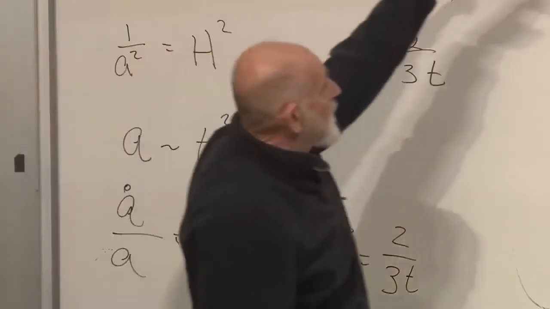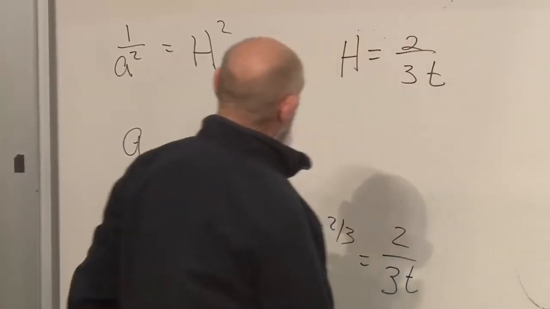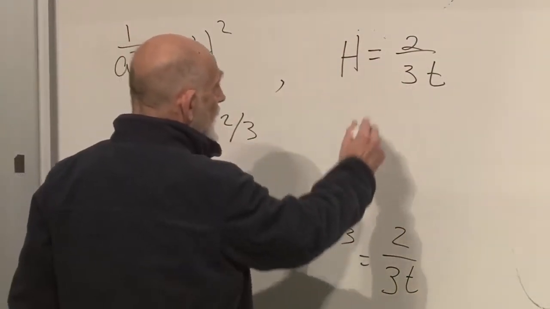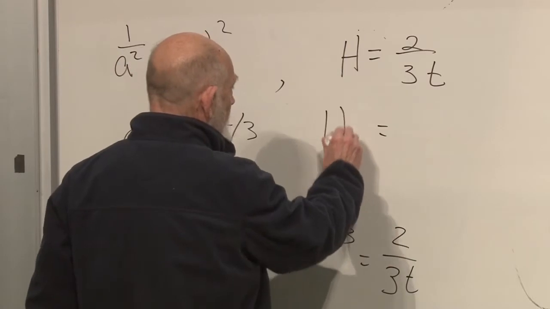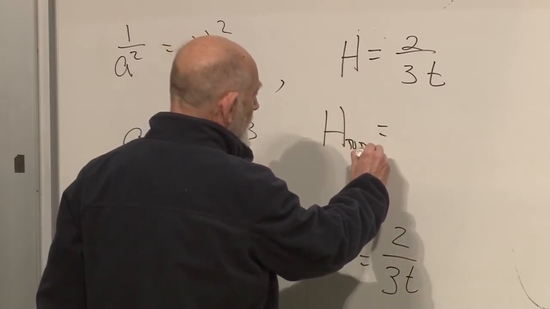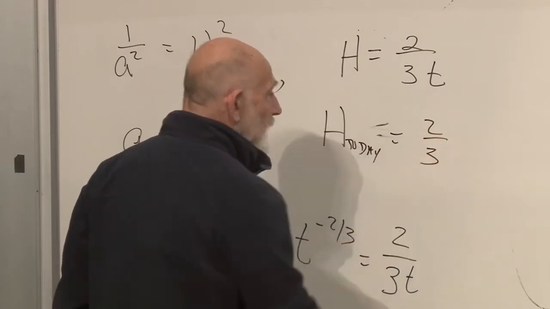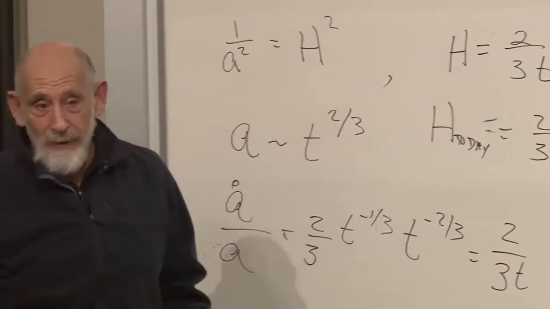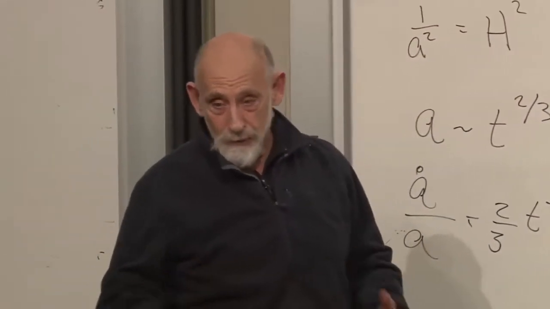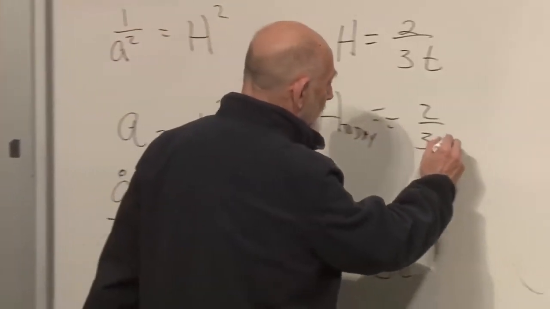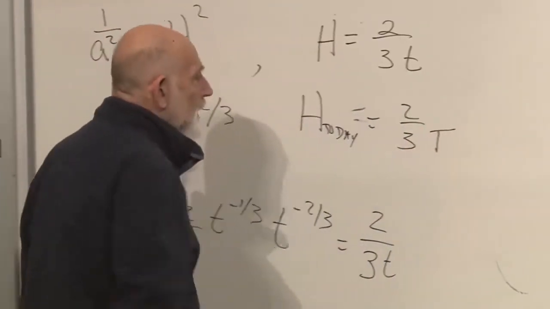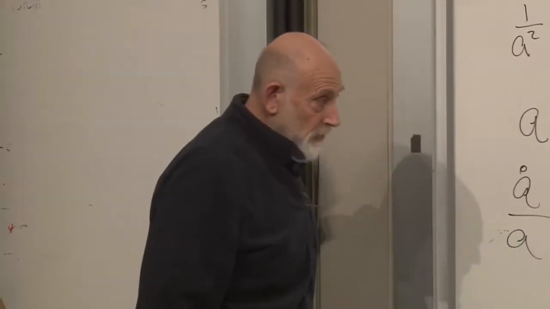But we can ask, what is it today? This equation was being applied today, so what is it today? The Hubble constant today, let's call it h today, is just equal to 2/3 the time today. What does the time today mean? It means the age of the universe. Let's call it capital T. Capital T stands for the age of the universe.